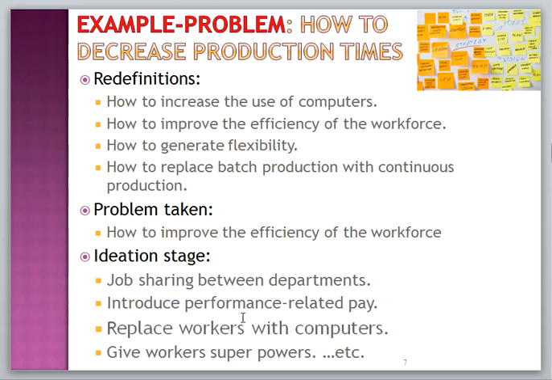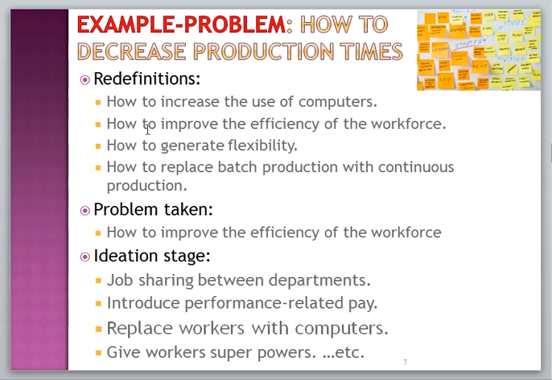Let's have an example. How to decrease production times. So the problem here could be how to increase the use of computers, instead of saying production time. So we know from discussions that it's a problem of automation or something.